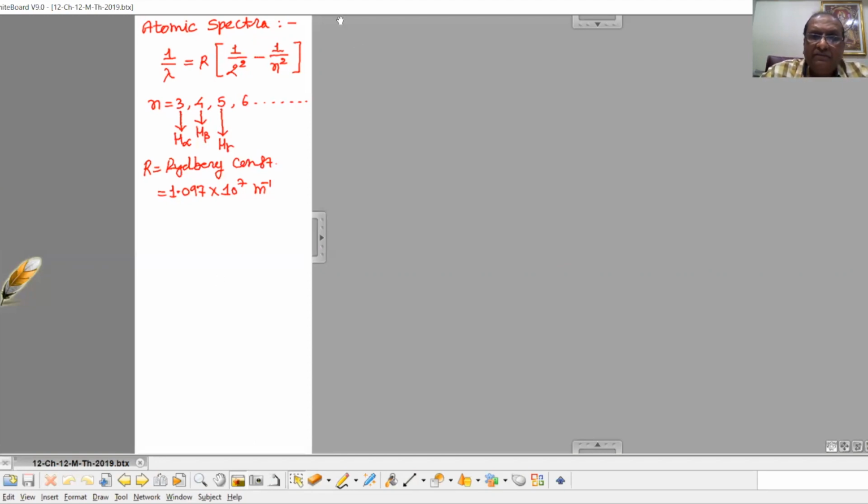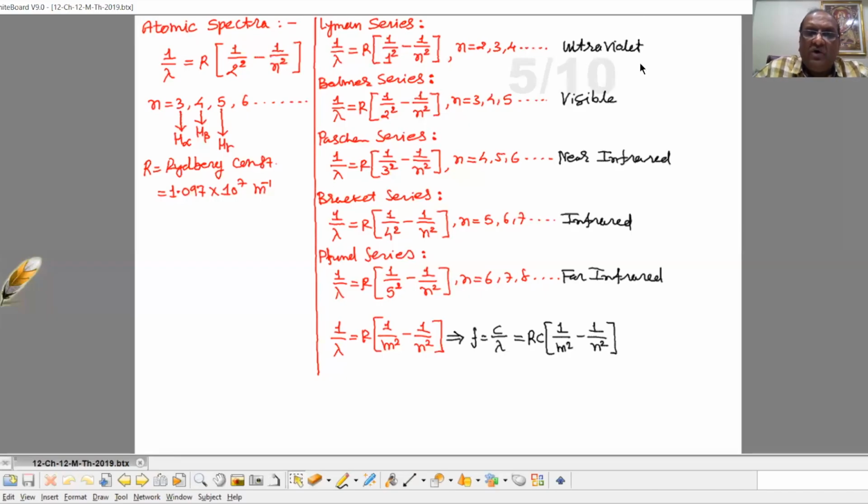After Balmer, so many scientists worked in that direction to study the atomic spectra. Scientist Lyman obtained one series in the ultraviolet region.